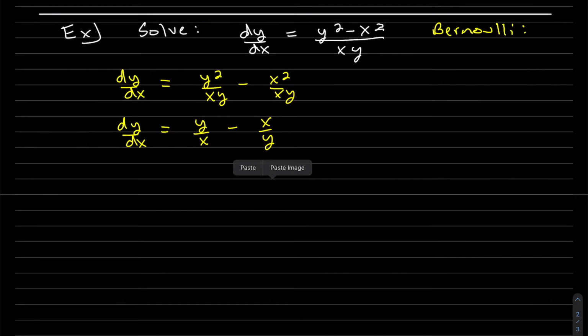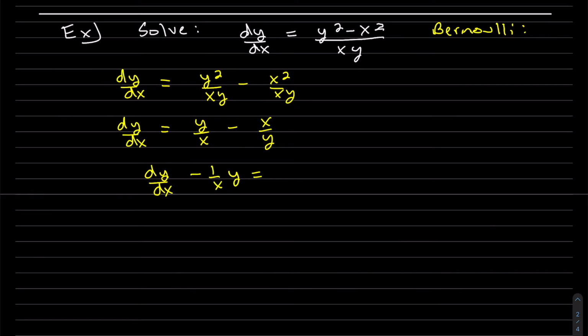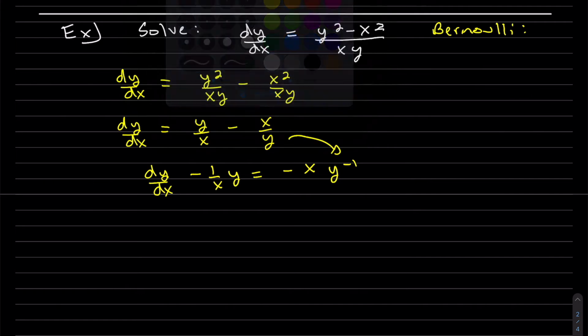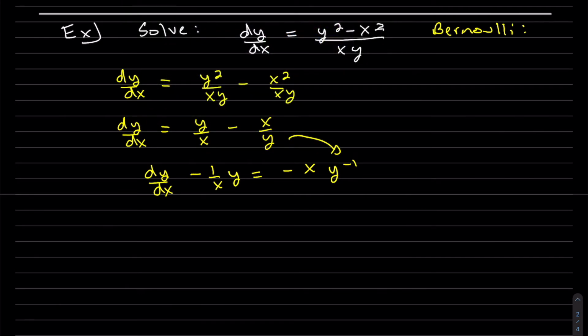So this is the term we want to bring to the left. And I'll just rewrite that y like so. So now we can see that it's in the right form and that our n is minus 1. So u is y to the 1 minus minus 1, which is y squared.